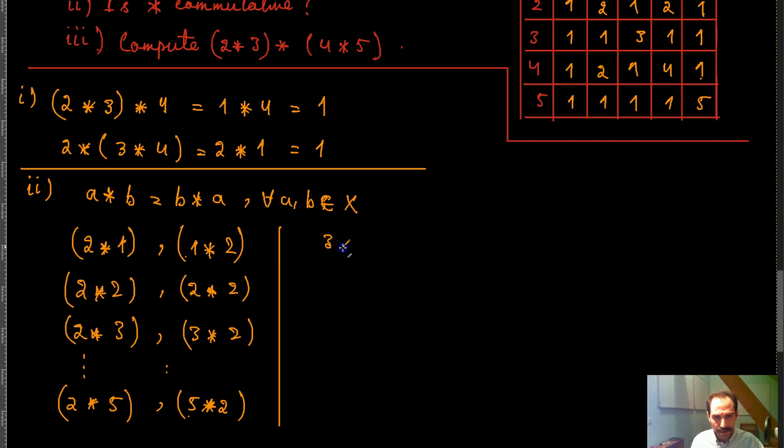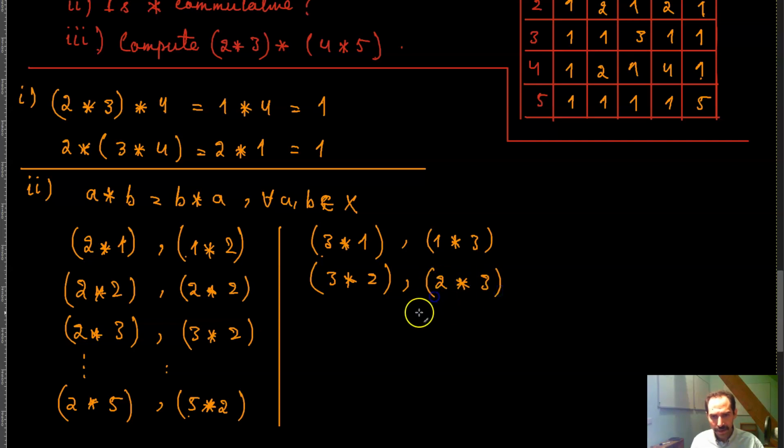And then you need to do the same thing starting from 3. For example, 3 star 1, you need to calculate that, and then check 1 star 3. They have to be equal. For example, 3 star 2, you check that, and then compare that with 2 star 3. And then you need to go all the way up to 3 star 5, and then compare that with 5 star 3.